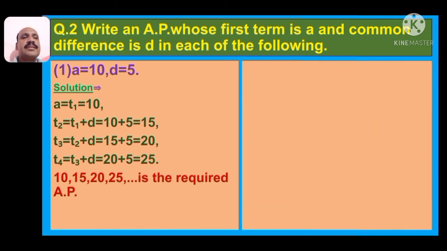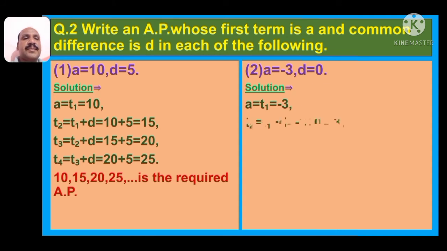Now next, second, the first term A is equal to minus 3, common difference D is equal to 0. Solution, A is equal to T1, which is equal to minus 3. Now T2 is equal to T1 plus D is equal to minus 3 plus 0, which is equal to minus 3.